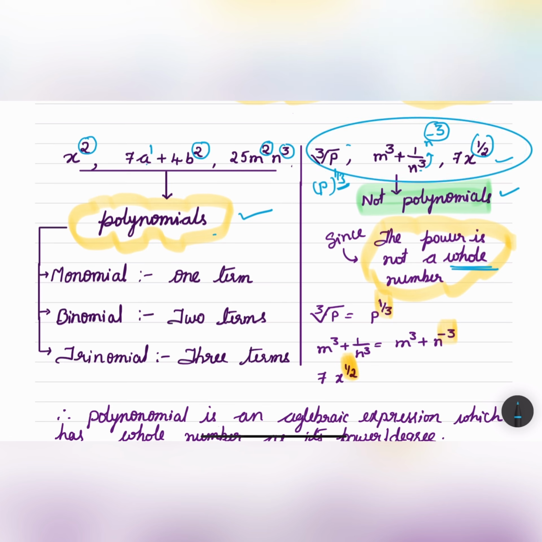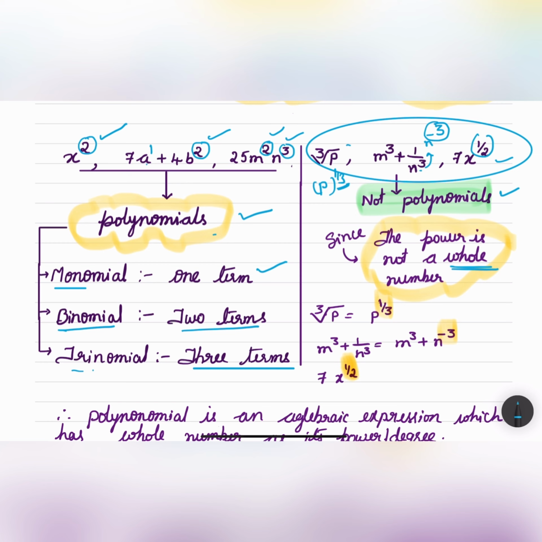So it is very clear from this example that polynomials are those algebraic expressions which have whole numbers as the power. Let us take a look at what these are. Monomial means single, one term. Binomial means 2 terms, trinomial means 3 terms.